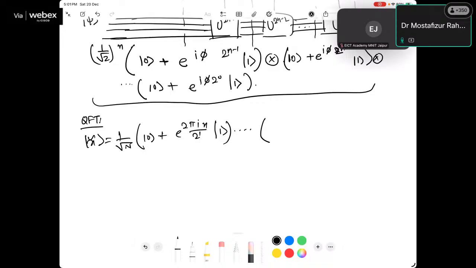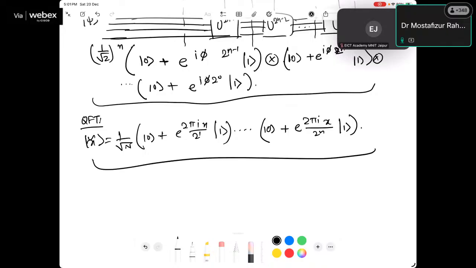And the last was |0> plus e to the power 2 pi i x by 2 to the power n |1>. If you look at these two equations, the quantum phase estimation equation and the quantum Fourier transform equation, they are almost the same thing.